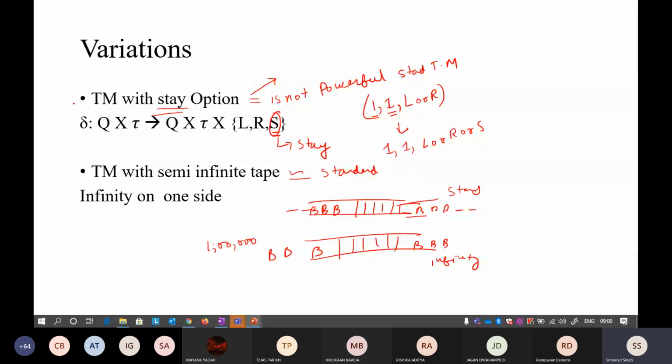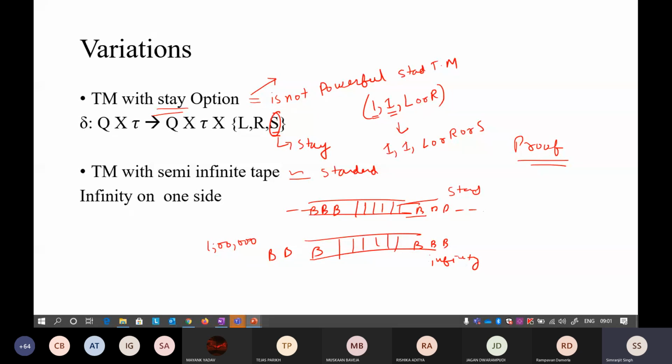I have discussed many Turing machines, but if you want to specifically refer to the proofs, you can refer to Peter Linz's book. In that, the proof is given that a particular Turing machine is equal to another machine. The proof is a little complex, so there is no need to go into it. It has already been proven that any variation of a Turing machine is equivalent to the standard Turing machine.